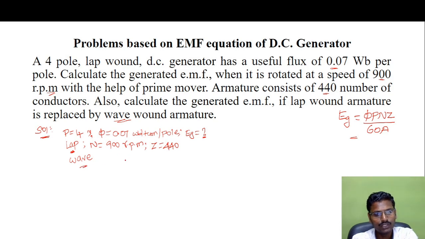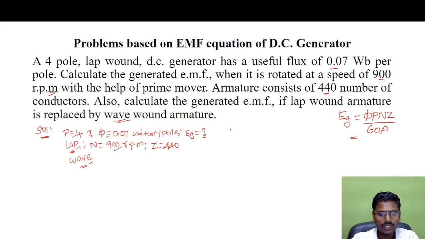So we need two generated EMF values, one for lap winding and another for wave winding. The given parameters are: number of poles equal to 4, phi equal to 0.07 Weber per pole, speed equal to 900 RPM, and number of conductors Z equal to 440.